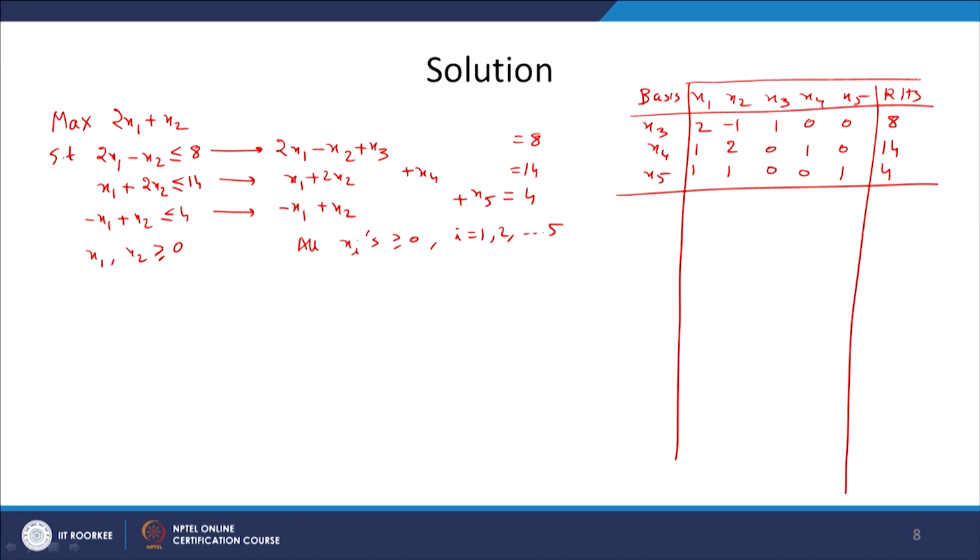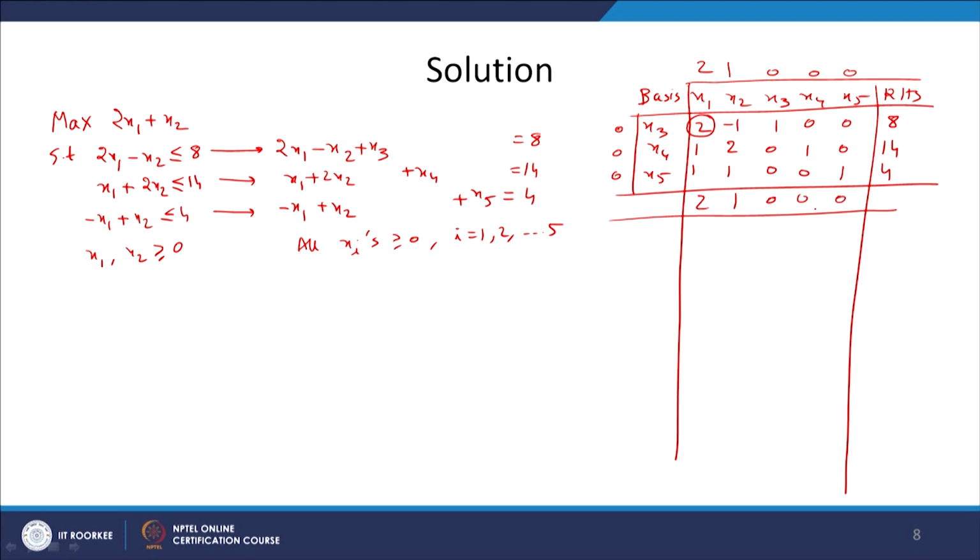The coefficients of the objective function are 2, 1, 0 and 0. Of course, the coefficients of the objective function have to be rewritten here, and as you can see, according to the deviation entry, this 2 is the pivot.